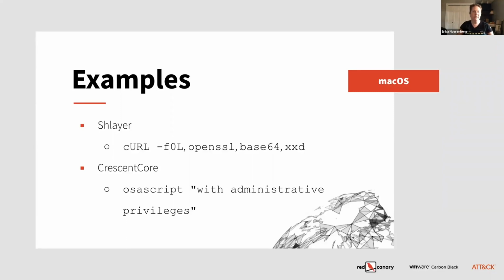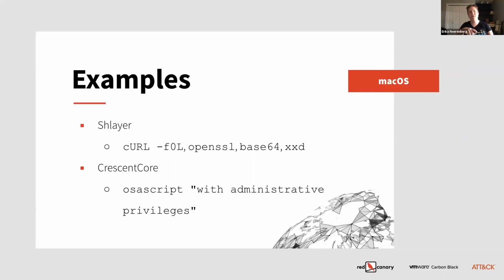So no HTTPS, whatever the default is going to be is overridden with this command. And then L is follow redirects. That's another one that you're not typically going to use legitimately. And in the case of Shlayer, they use it because it relies on redirects to get to the second stage download, basically.